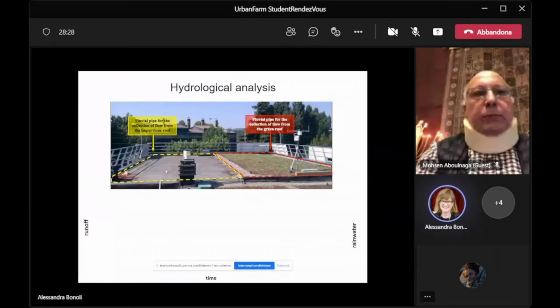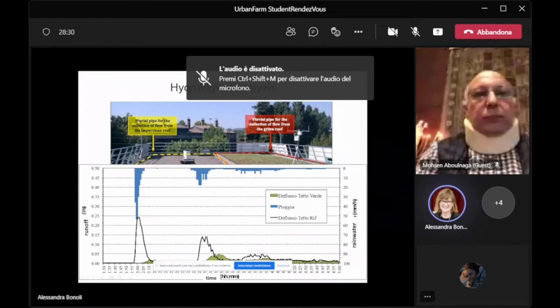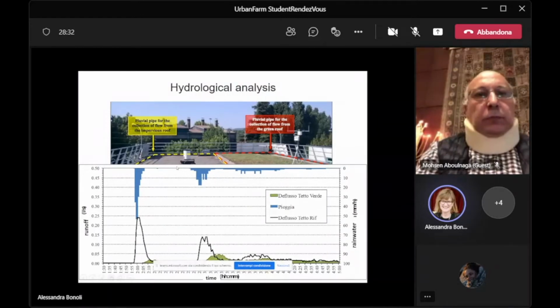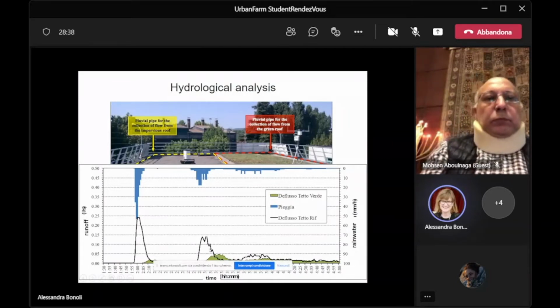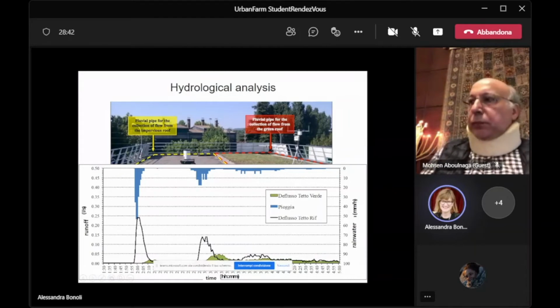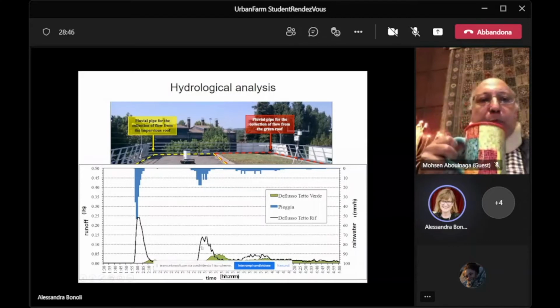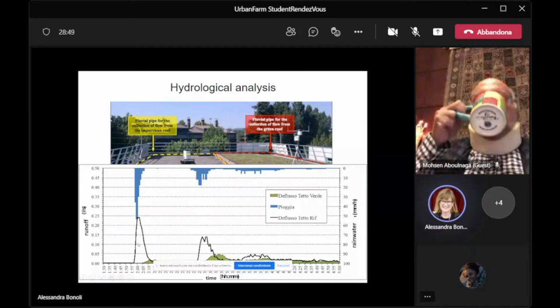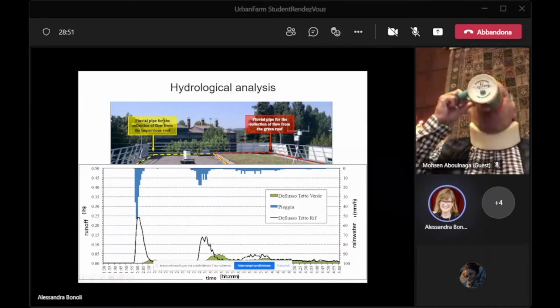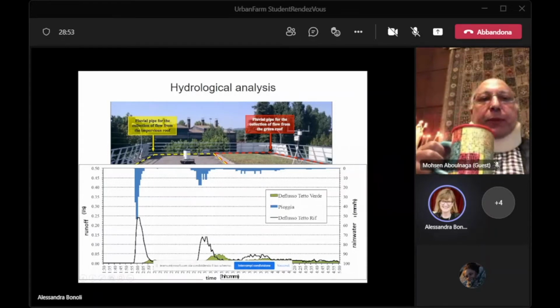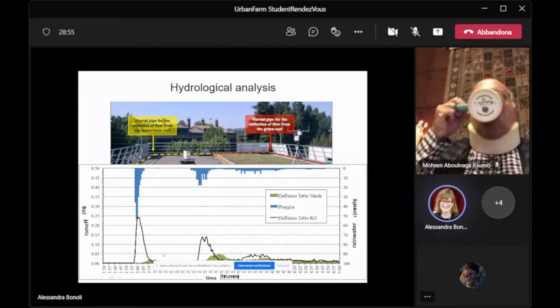Yes, for sure, in relation with the capability of the green roof to absorb rainfall water, here you have a comparison between the roof that is represented by the black line, and the green roof behavior represented by the green areas.